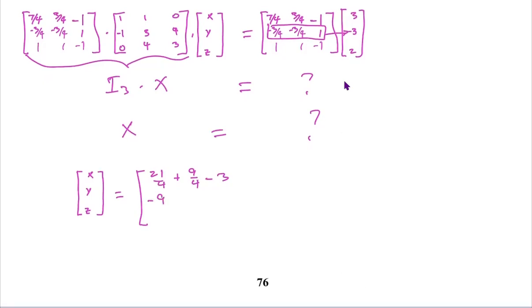Negative 9 over 4, negative 9 over 4, and then plus 3. And then lastly, the third row will multiply this.